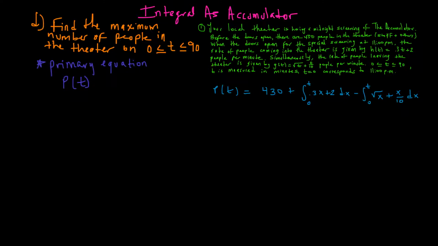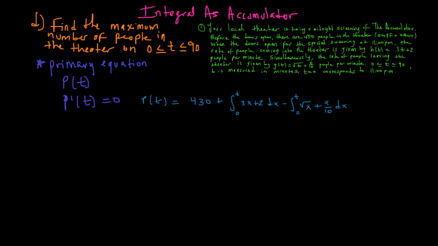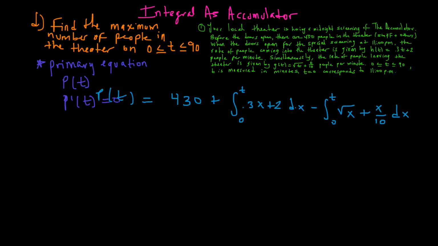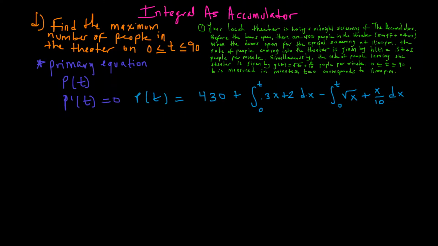And then what do we do to this primary equation? We take P prime of t and we set it equal to 0. So that's what we're going to do then. There's P of t. We had the derivative with us a little while ago and I erased it. But let's go ahead and write it in again.